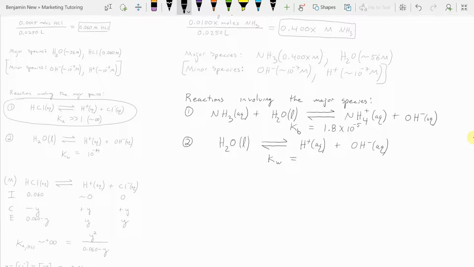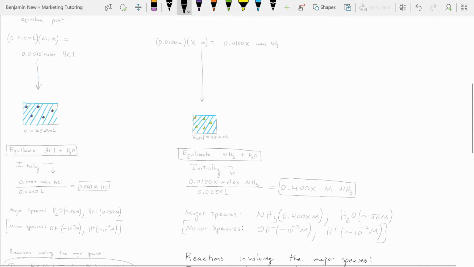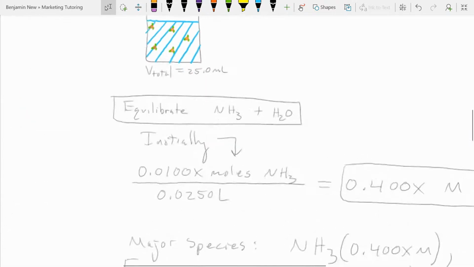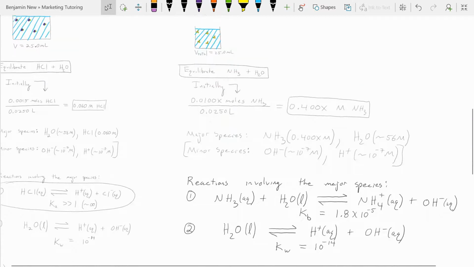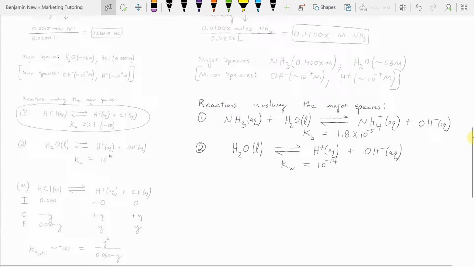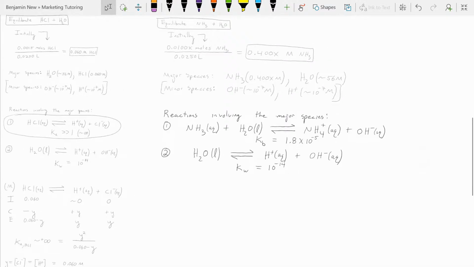The Kw for this reaction is, again, 10 to the minus 14. And again, if we're allowing the ammonia and water to equilibrate, we need to consider both the major species, which we've identified as ammonia and water, and also the major reaction involving those major species. Now, this one is going to be the major reaction.